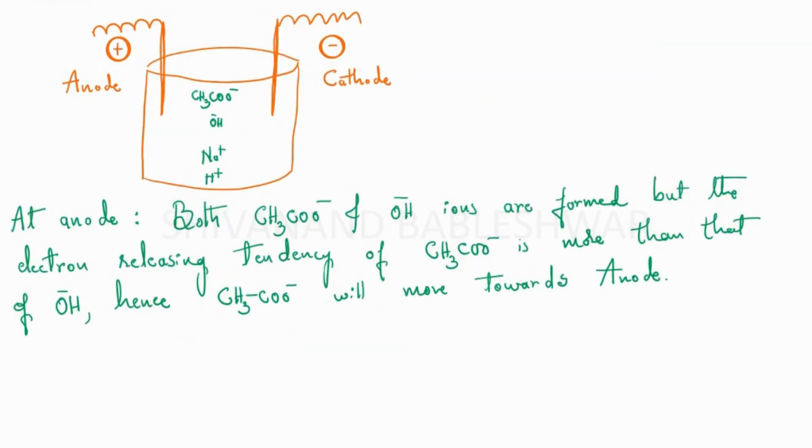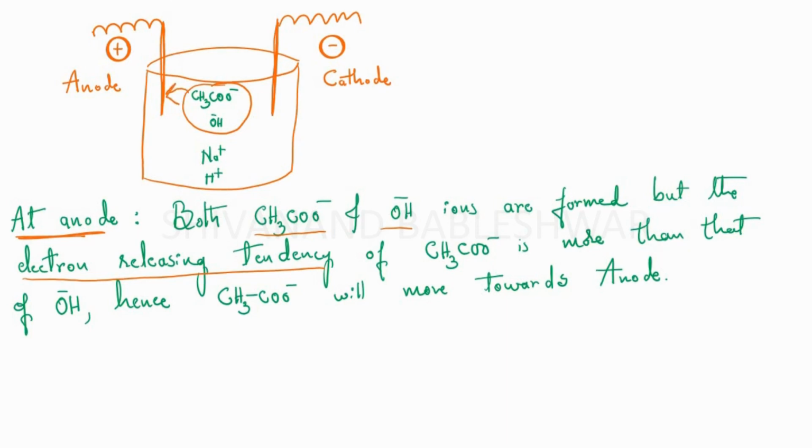Now at anode what happens, students? It has to attract anions. So there are two anions. Which are those? One is acetate anion and hydroxyl anion. So these ions are formed in the aqueous solution. But the electron releasing tendency, why I am saying electron releasing tendency, it means that these two anions, I'll be encircling in the picture here, they have to migrate towards anode.